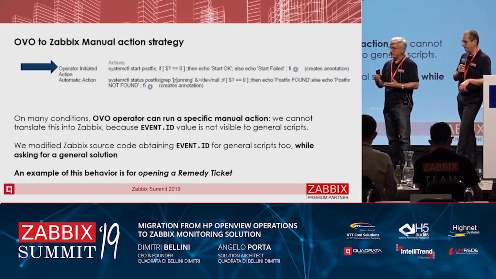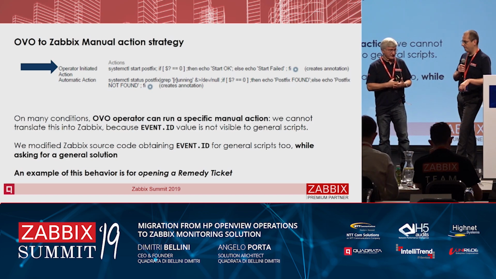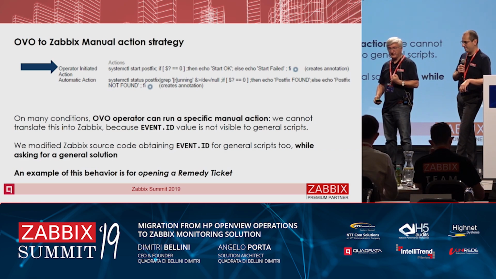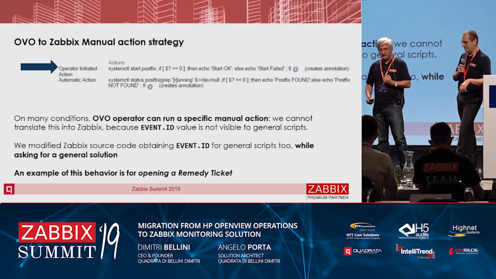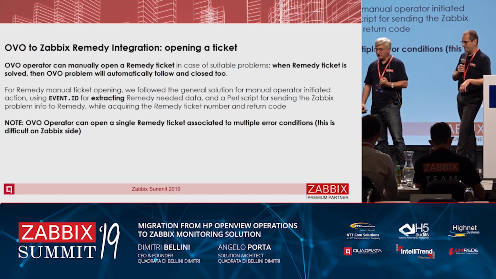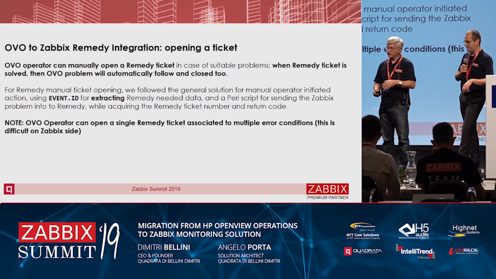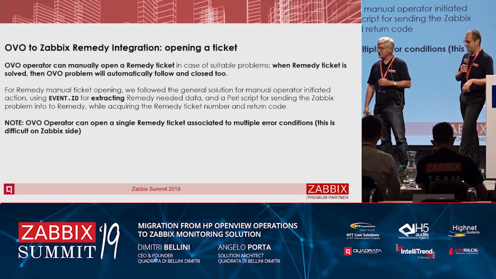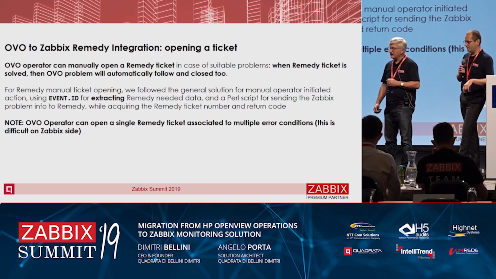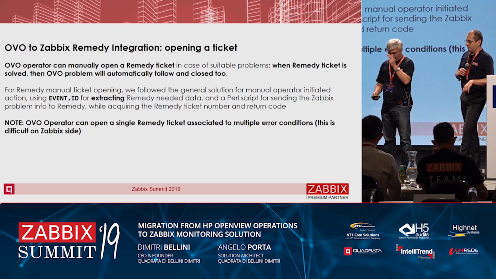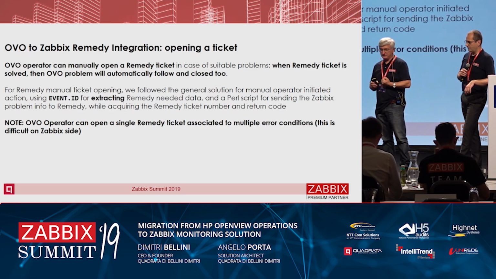To handle this case, we made a modification in Zabbix in order to take the event ID, and from the event ID we can take all the other parameters. An example of this is remedy ticket generation, because a remedy ticket is handled exactly in this way. So we extract all the parameters, we send the message to remedy, and we can take back the ticket ID.